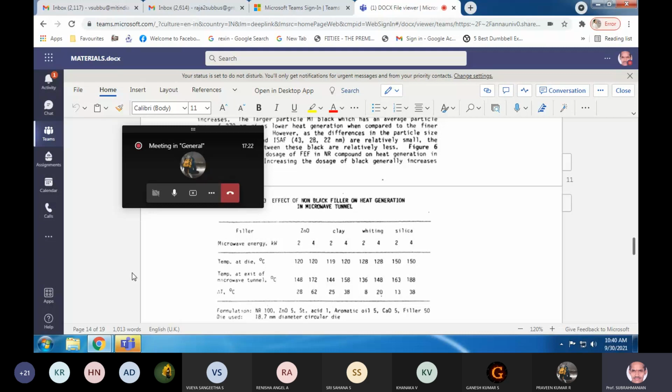As we see, silica imparts a higher energy. Zinc oxide, the least. Clay as well. Moderately whiting. So whiting is what? Calcium carbonate.